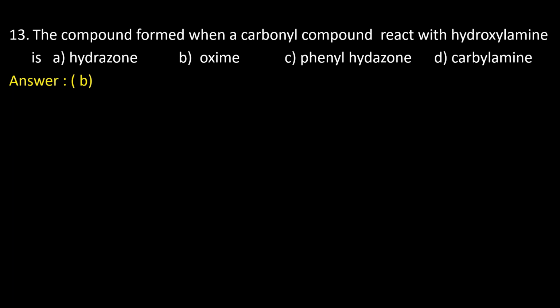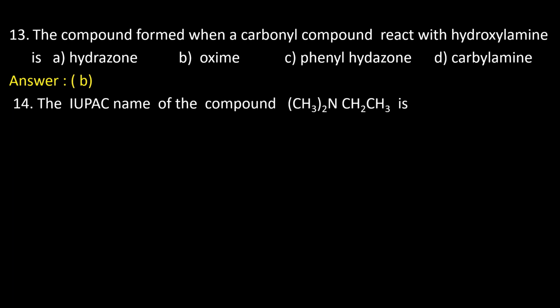If it is aldehyde, it forms aldoxime, and if it is a ketone, it forms ketoxime. Both are in general called the oxime. And option A, hydrazone, is formed when hydrazine reacts with the carbonyl compound. Phenylhydrazone is formed when phenylhydrazine reacts with the carbonyl compound. And carbylamine is formed by amines, not the carbonyl compound. So the correct option is B option.